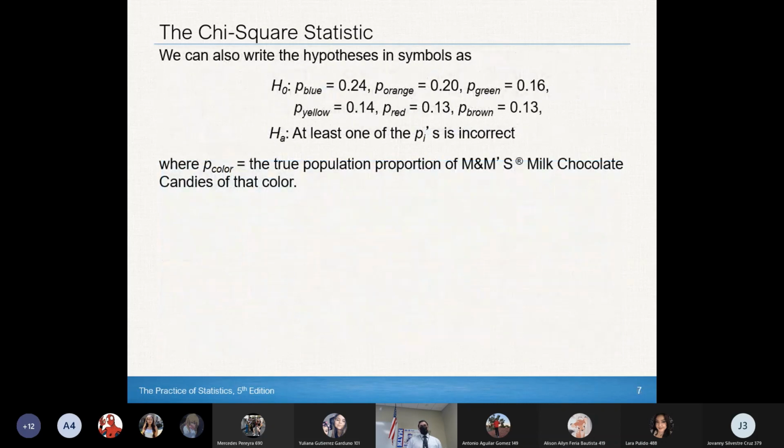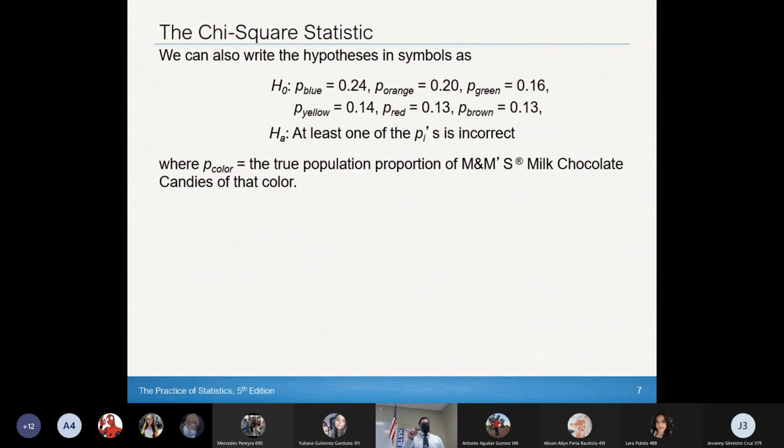And so here, we can also write the hypotheses in symbols as the null hypothesis H sub 0: P of blue equals 0.24, P orange 0.2, P green 0.16, P yellow equals 0.14, P red equals 0.13, P brown equals 0.13. The alternative: at least one of the P sub i's is incorrect.